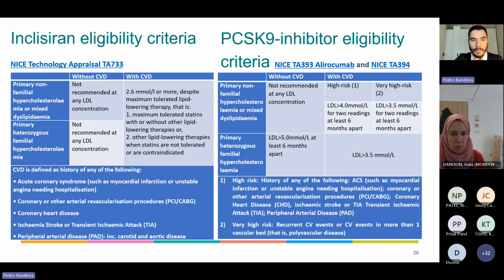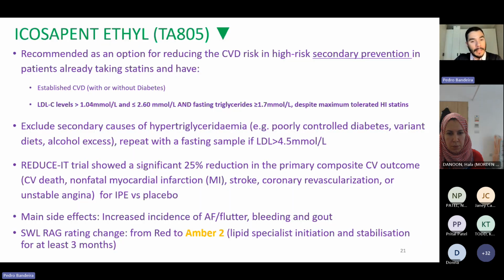So this is just a table to summarize the eligibility criteria for both drugs. It might be very useful for you when you're doing your medicines optimization project in primary care. So if you have any patients who meet these criteria, please refer them to our lipid clinic.